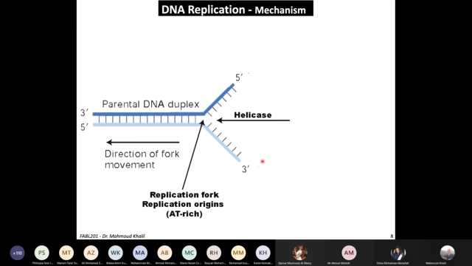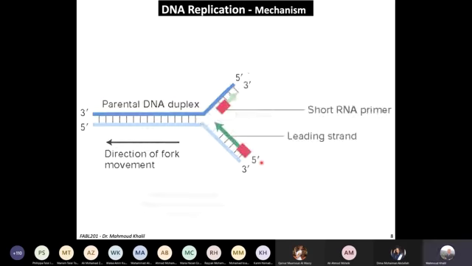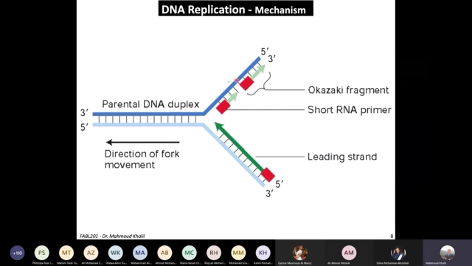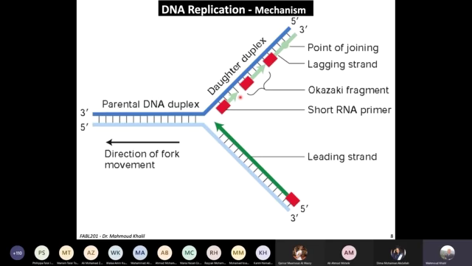So you can see this strand is continuous in replication, and this strand is called the leading strand. Here there is a problem in the second strand, because actually the second strand is reversed, and replication has to be done in the direction of 5' to 3'.